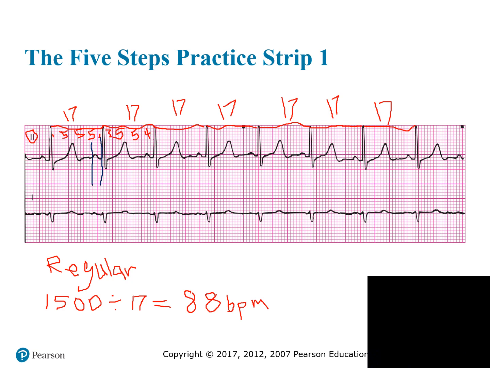So right here. Let's see. I can draw a better line than this. This is a horrible line. Let's see. Right here. Nope, nope, nope. Right here. Okay. Okay, so this is our PR interval right here.